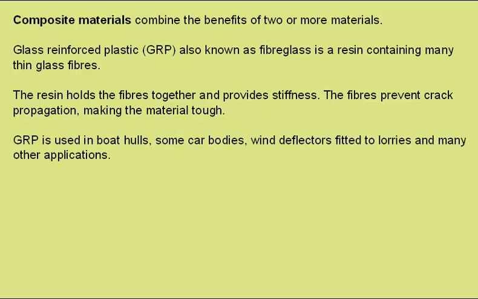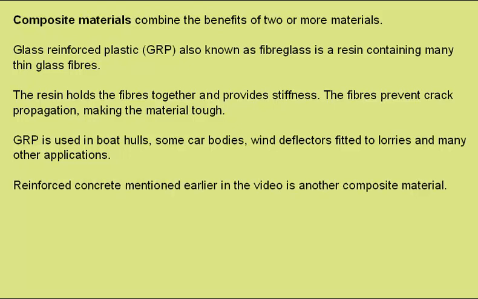GRP is used in boat hulls, canoes and so on, some car bodies, and the wind deflectors which are fitted to the cabs of lorries. There are also many other applications. Reinforced concrete, mentioned earlier in the video, is another example of a composite material.